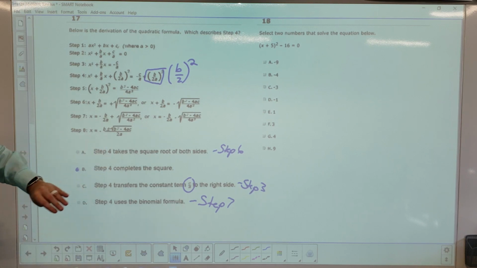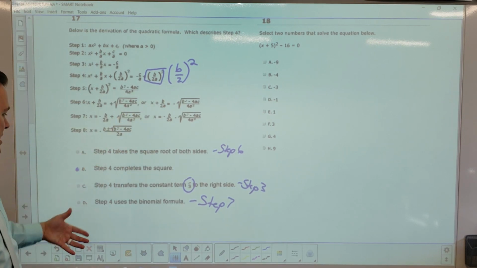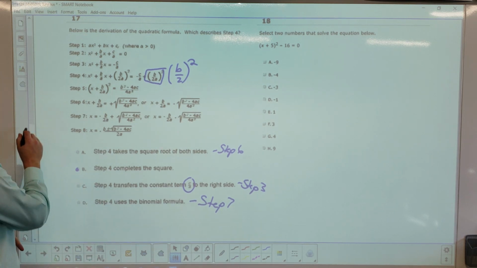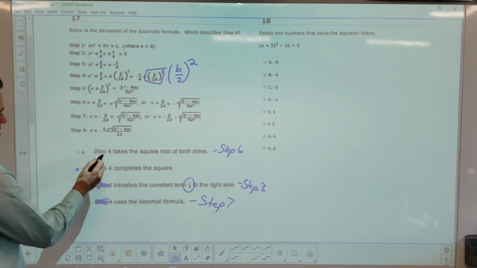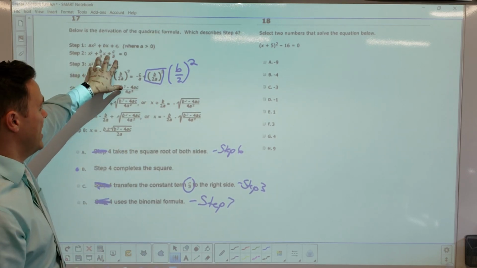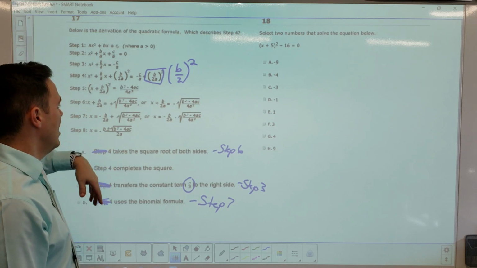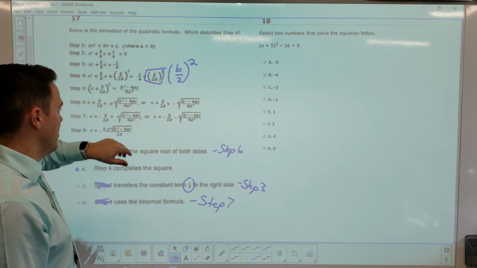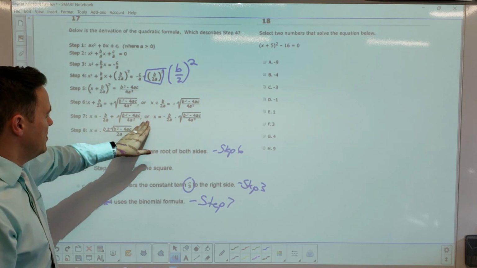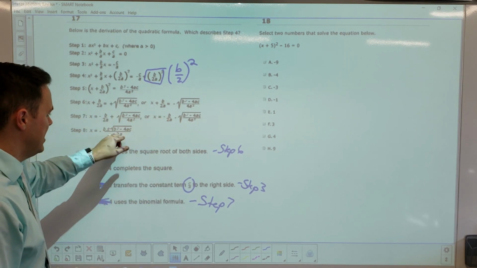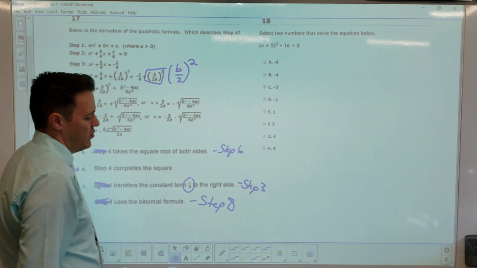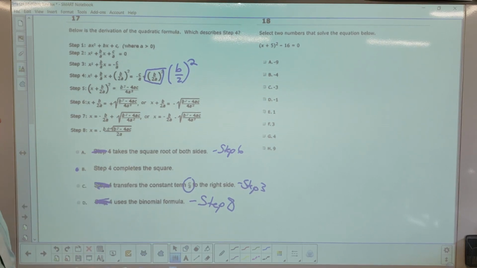Part of me actually wants to think by putting these two together and then combining it, it's probably step 8, but I'm not too concerned with this bottom one, so just know that those are the steps. But this is 6, and that's definitely 3. And then this one would be like dividing it by A, that's what they do here. This would be square root term, and then they split it, and it looks like they subtract -b over 2a, and then they put the formula together. So technically, the binomial formula is probably step 8, where they put everything together.